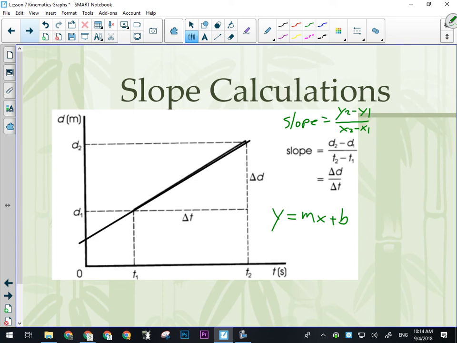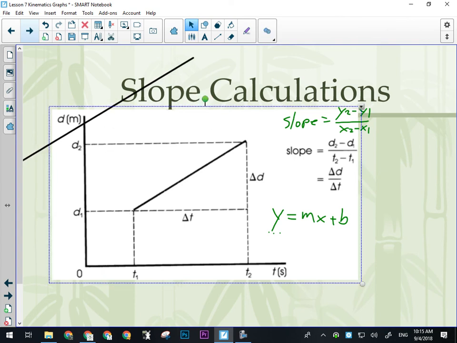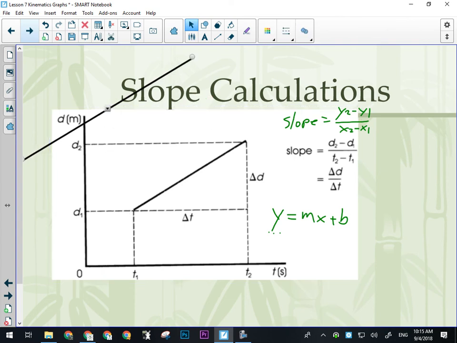How many people have seen the graphing equation before? Good. I should see everybody's hand up. Y equals mx plus b. What does y stand for? The y-axis? Or the y value of any point on the graph.